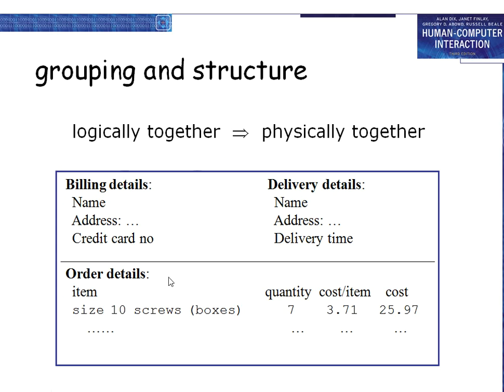So maybe this is the example, like if we have the details for the billing and also the delivery. This is logically together, so we can make a group here.